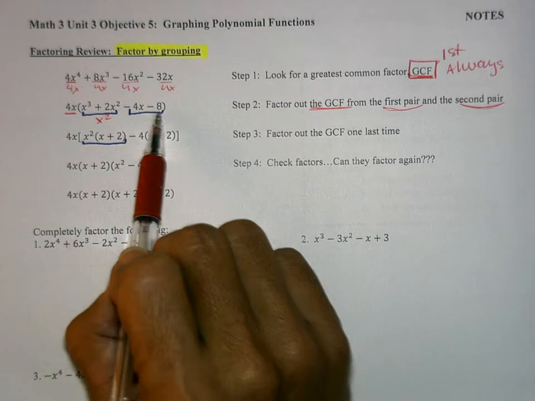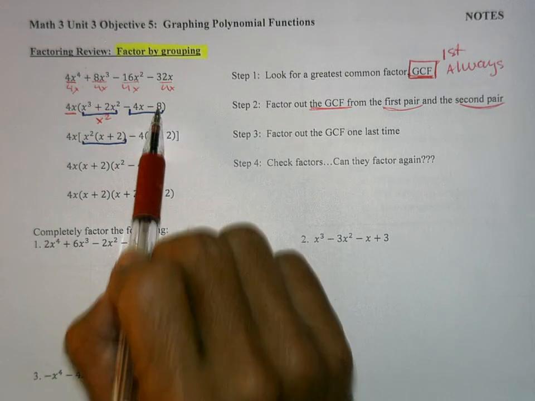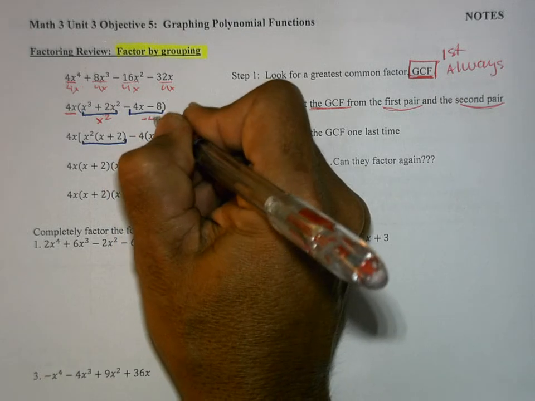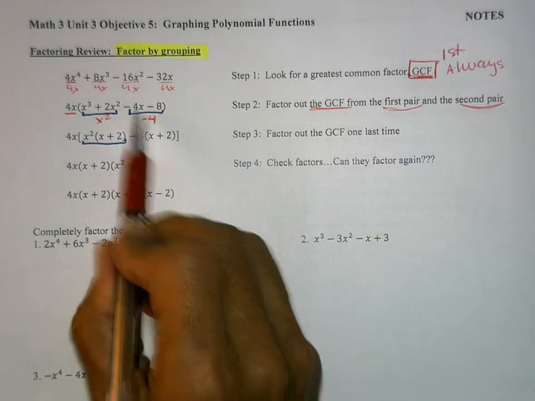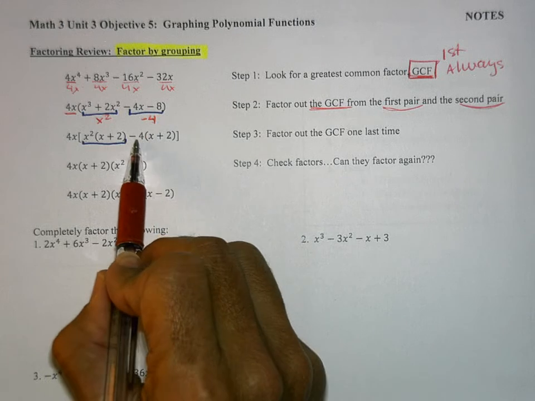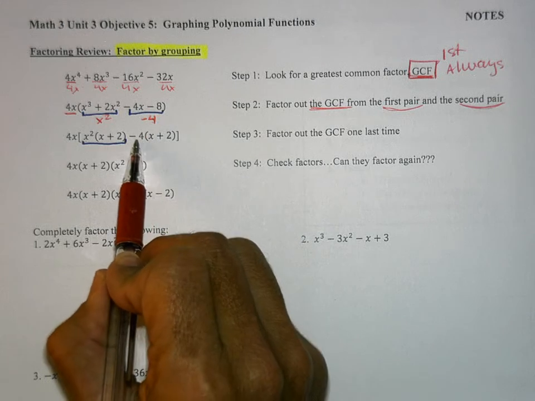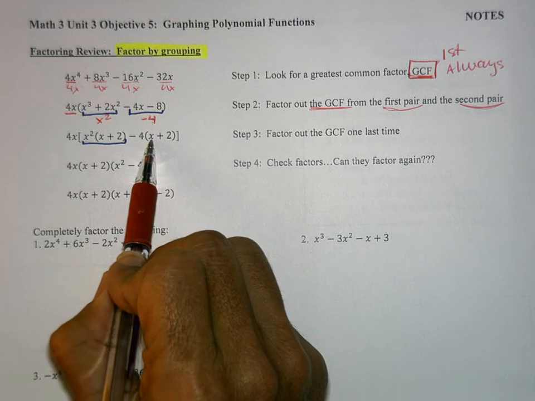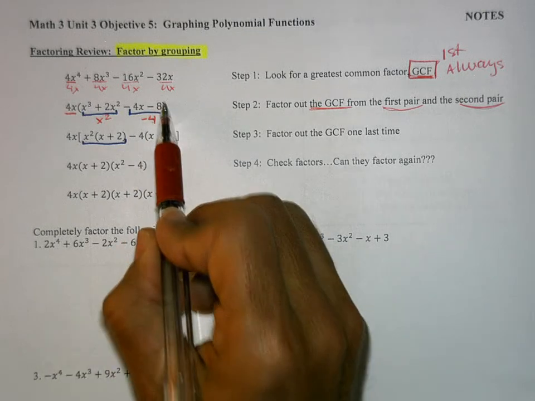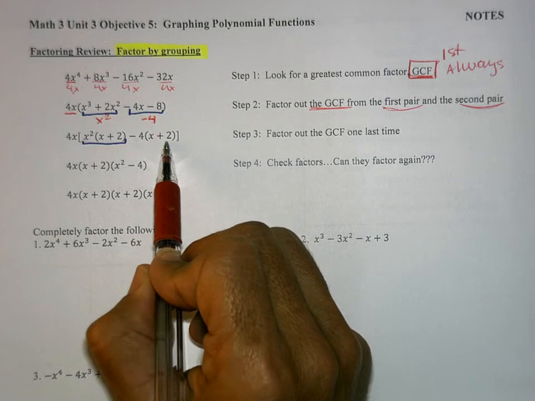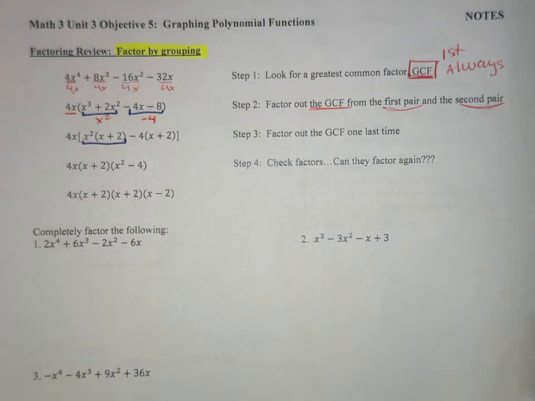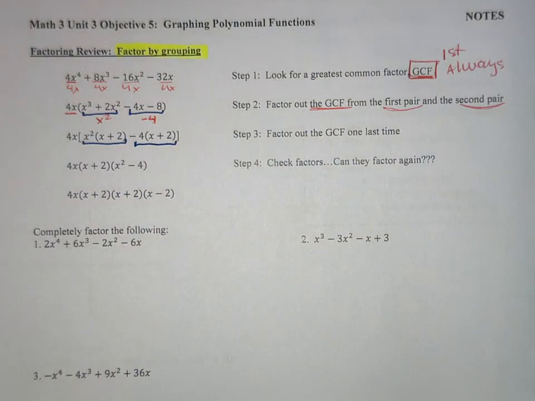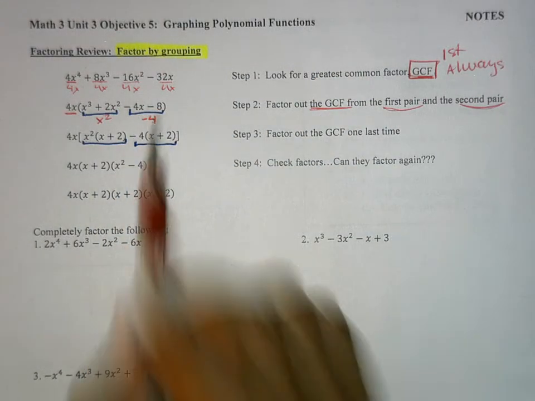What can you factor out from both of them? That would be a negative 4. If I divide each of them separately by a negative 4, we get an x left over, and a negative 8 divided by a negative 4 is a positive 2. So I created another pair and factored out the GCF for that pair.